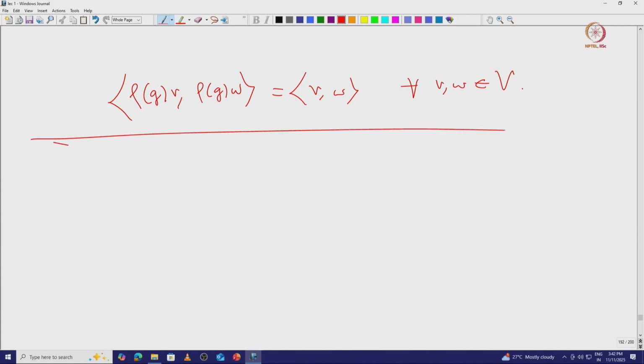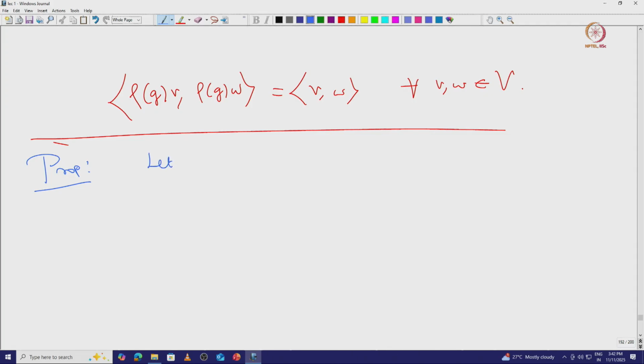Now, once we have unitary representations, we can say much about them. What we can prove, let me state it as a proposition: any unitary representation is either irreducible or it must be decomposable.